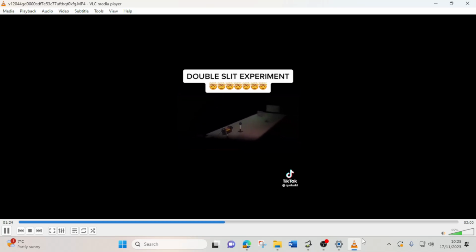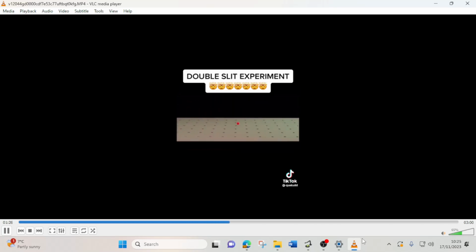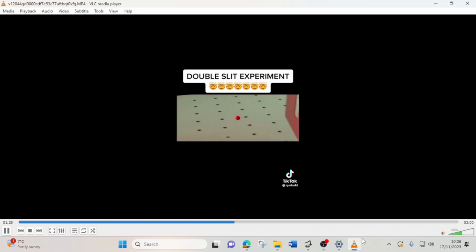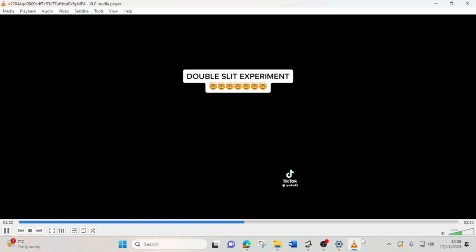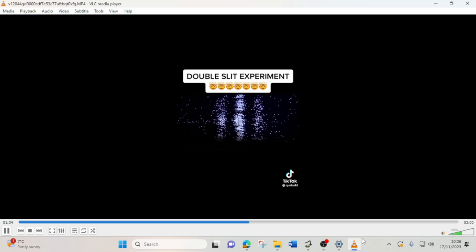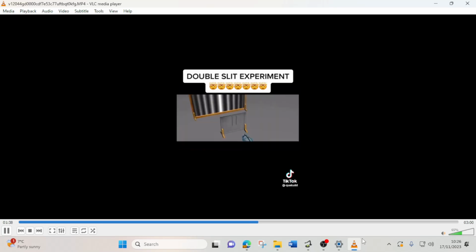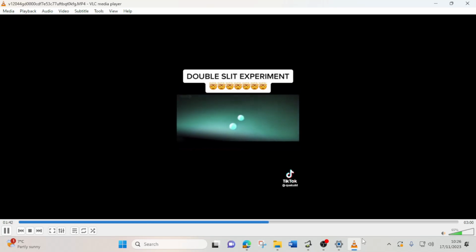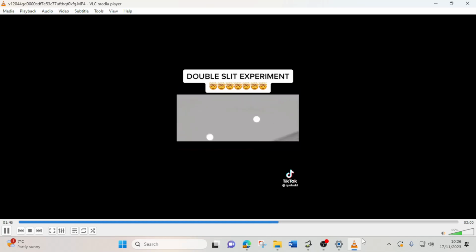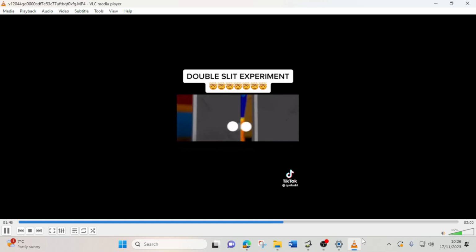So, to test this, physicists decided to shoot electrons at the target one by one, single file. And what do you think happened? The strangest thing imaginable. The interference pattern still appeared on the screen. It seemed that the single electrons somehow divided into two waves, passed through both slits, then interfered with themselves.